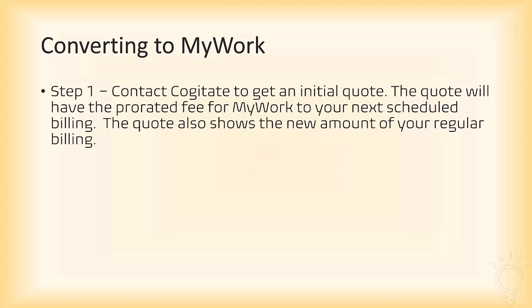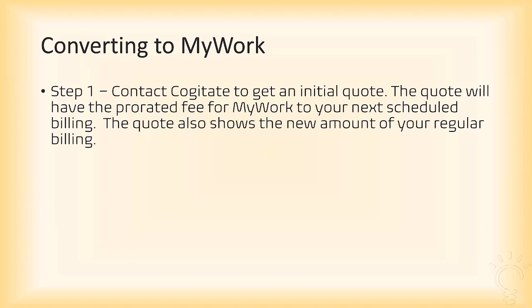You contact Cogitate, whether Brett or myself, by email or phone call, and you make sure that we generate an initial quote to you. The reason we're doing this is so that everybody's on board with how the pricing is going to work and how it's going to affect your billing going forward.